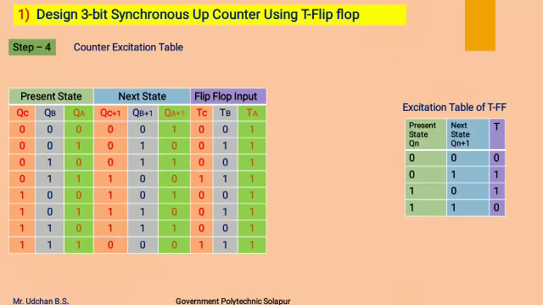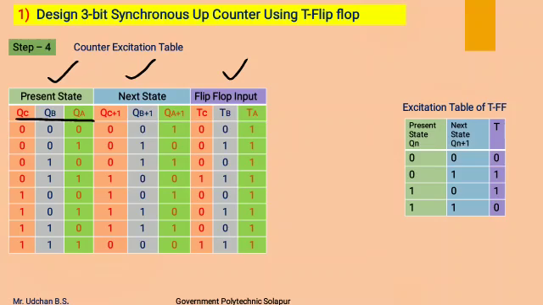After this, we are going to have the counter excitation table which includes the present state, next state, and flip-flop inputs. Now here we are having 3 flip-flops in a counter, so we have to consider 3 outputs of the flip-flops, QC, QB, QA, as the present state.